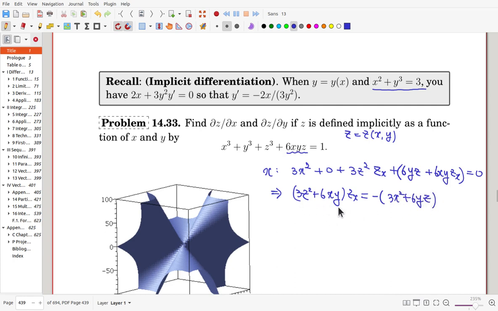So divide by this term to get z sub x. That is now minus 3x squared plus 6yz divided by that term, 3z squared plus 6xy. For z sub y, you can do it similarly. Try to do it yourself.